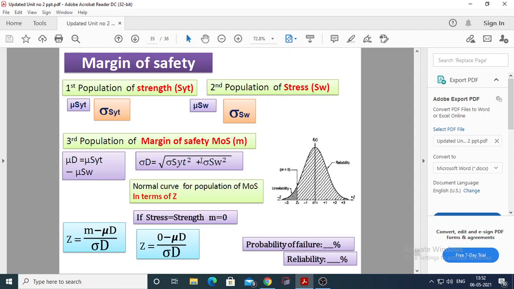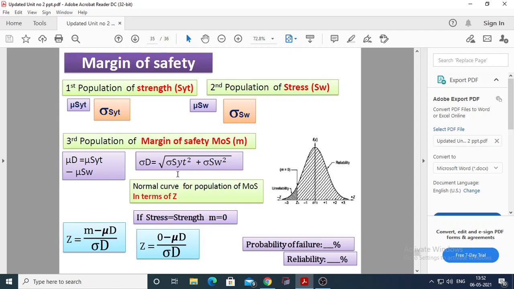You have to calculate the mean of the margin of safety. I have already told you, mu s minus mu sigma, or we can write mu syt minus mu sw. Then how to calculate the standard deviation of the margin of safety?